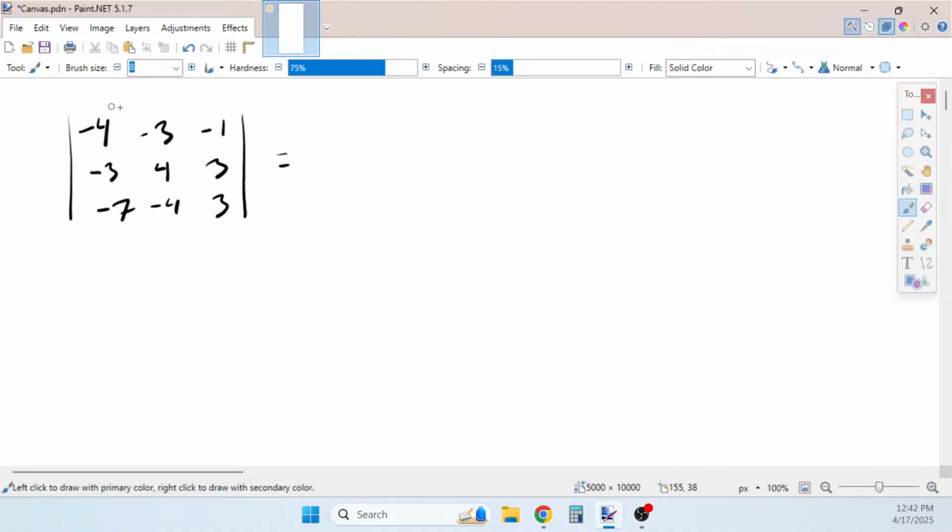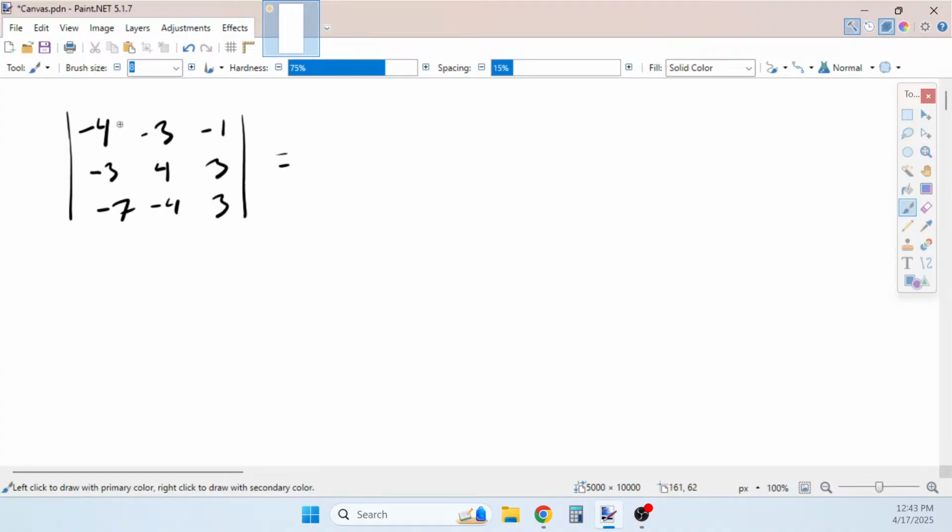These vertical bars mean determinant. Or if I use round parentheses, the matrix, you just have vertical bars, it means determinant. So let's take this determinant.